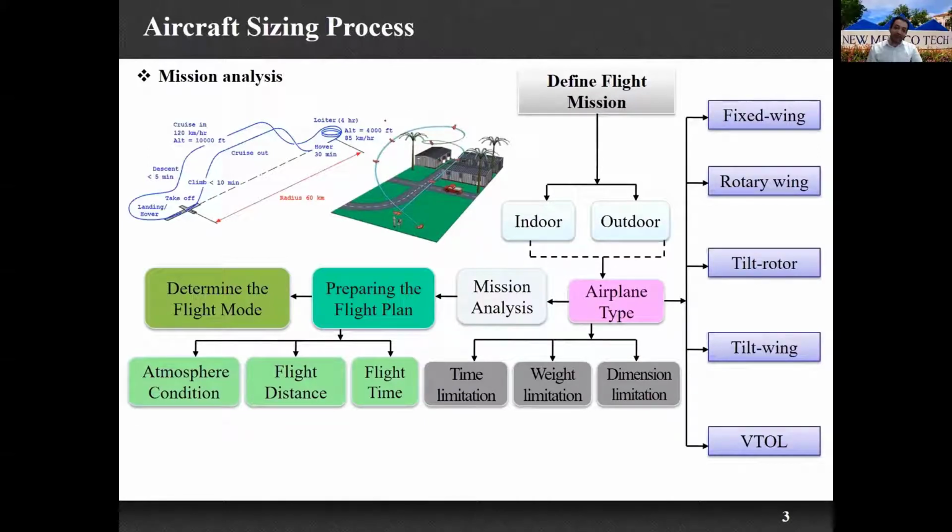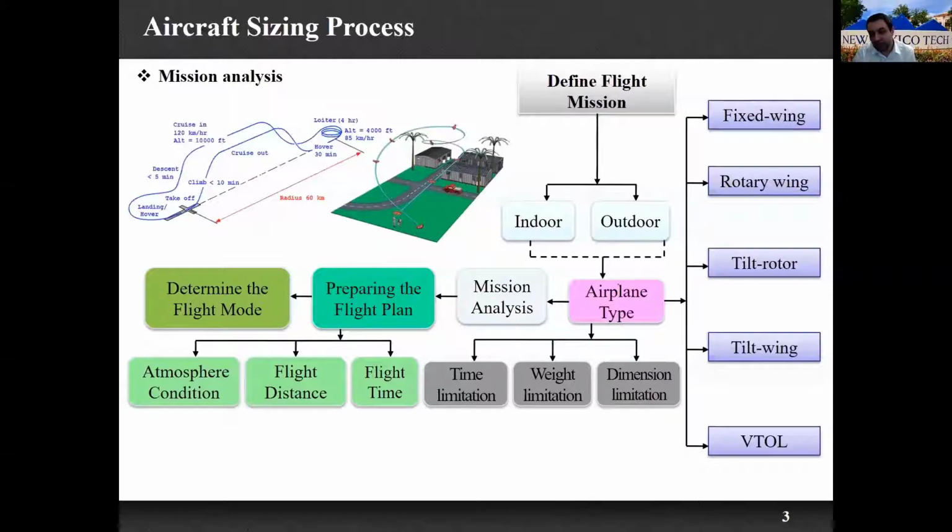Once you have the mission, the next step is that we need to select the configuration of our drone. For example, if we fly our drone in indoor space, we cannot have a fixed wing UAV because they have higher speed and cannot fly in indoor space. Because of this, we need to consider a configuration like a flapping wing or a multi-rotor, which can do hovering flight and stay in the air in that environment.